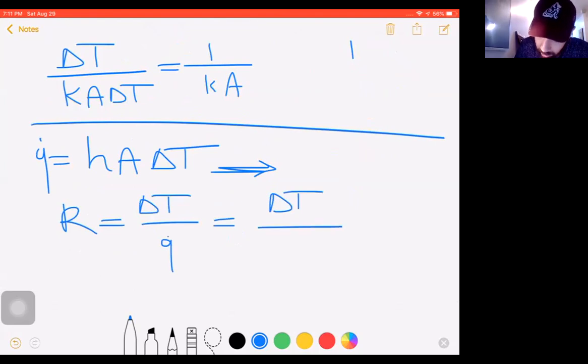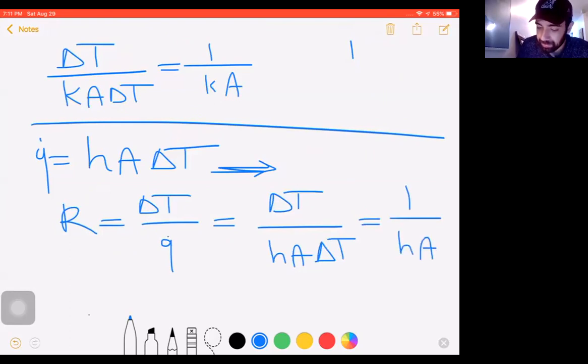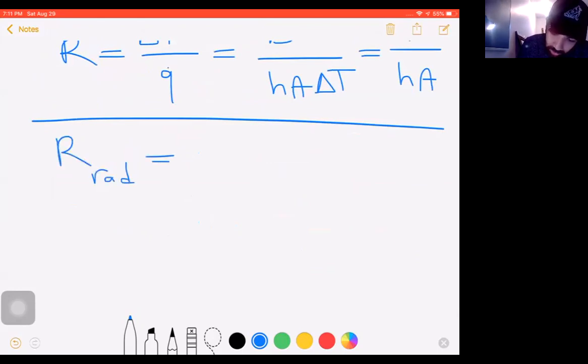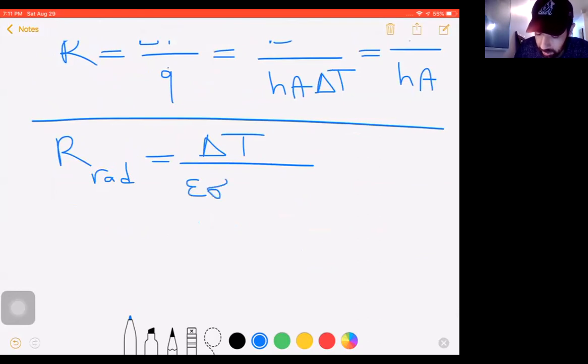This is equal to delta T over H times A times delta T. That is equal to 1 over H times A. And for radiation, we have delta T over epsilon sigma times area times and so on. So you can find the radiation resistance with this formula.